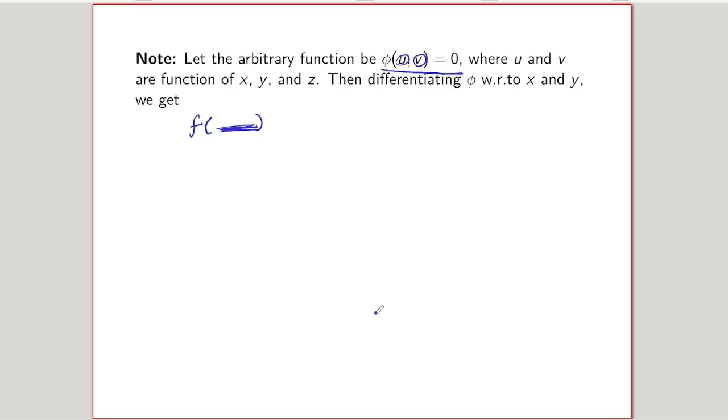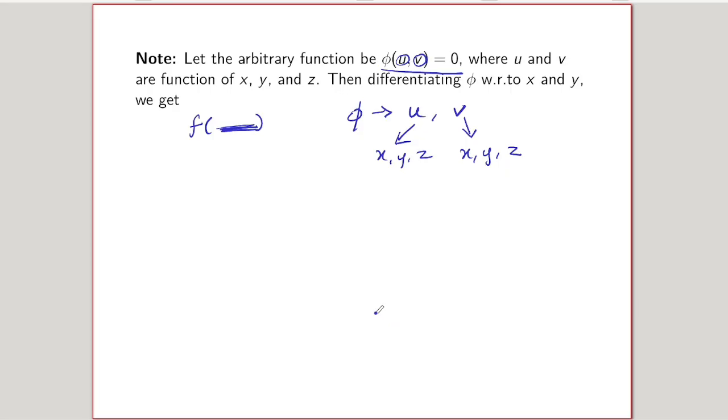That is, phi is explicitly dependent on u and v, and u is dependent on x, y, z. Similarly, v is dependent on x, y, z. So ultimately, we can say that the function phi is dependent on the variables x, y, z implicitly.